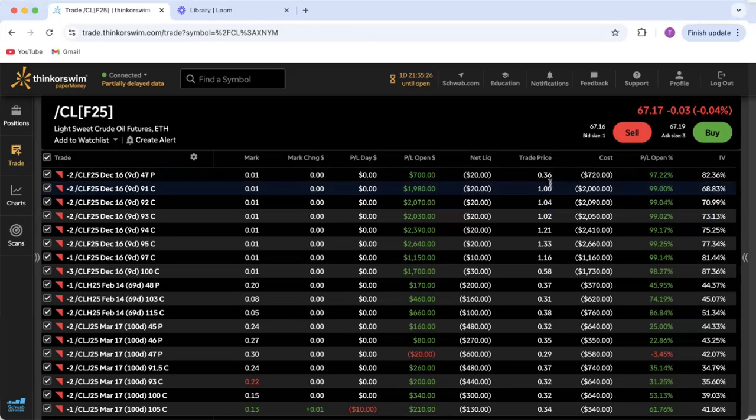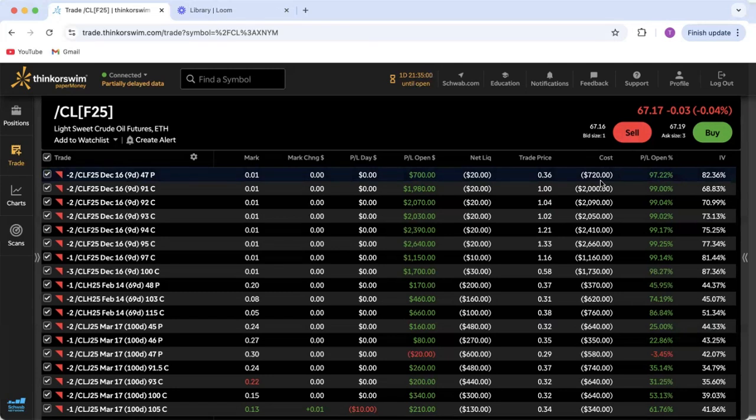Okay, so that was the value that I received when I sold this contract. How much is 0.36 in crude oil? $360. I did two of them. So if you look at the cost column, $720.